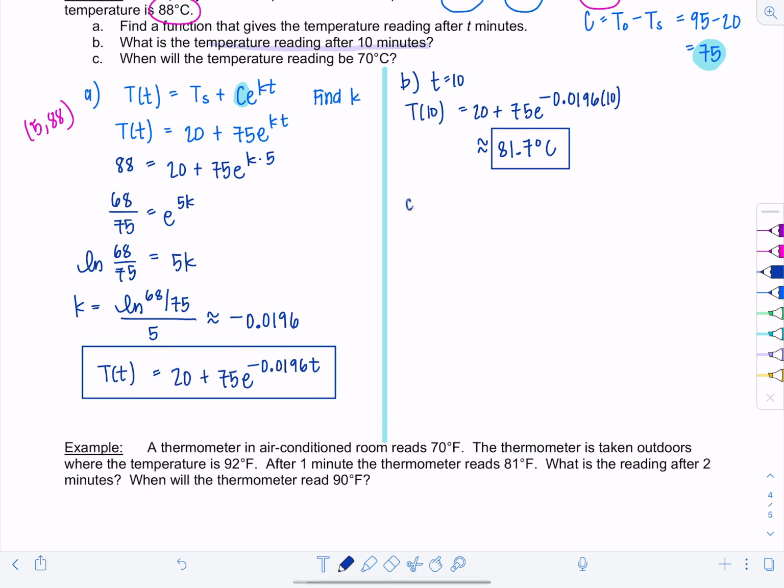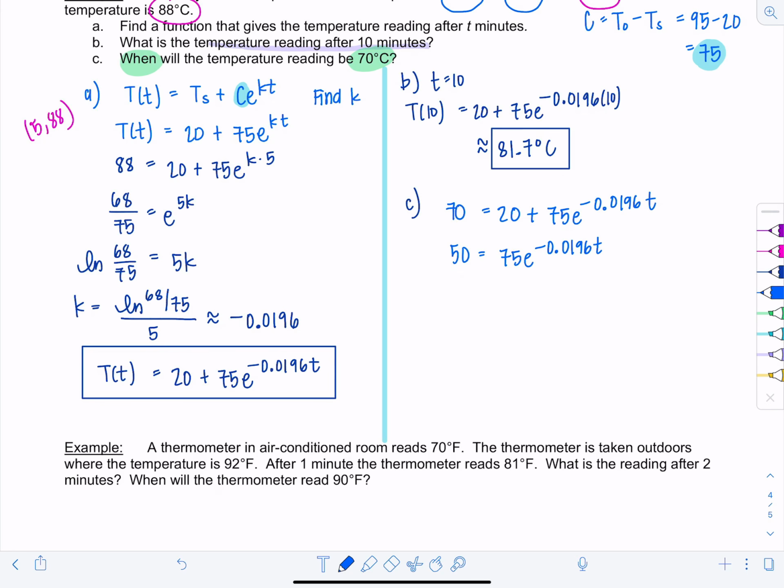Okay, last part C says, when will the temperature reading be 70 degrees Celsius? So this time I'm going to set the function equal to 70. So 70 equals 20 plus 75e to the negative 0.0196 times t. I'm solving for little t. So that means 50 equals 75e to the negative 0.0196t.